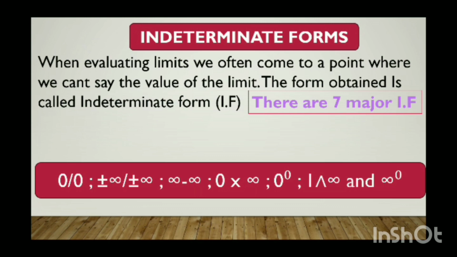Now in mathematics, we know that any number raised to the power 0 is 1. So does it mean infinity raised to the power 0 is 1? Does it also mean that 0 raised to the power 0 is 1?